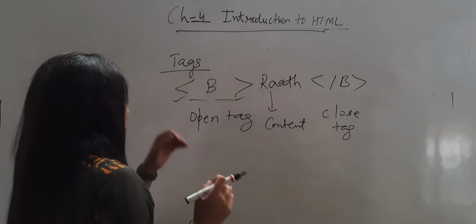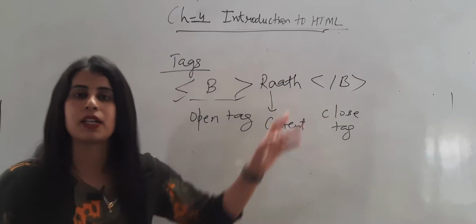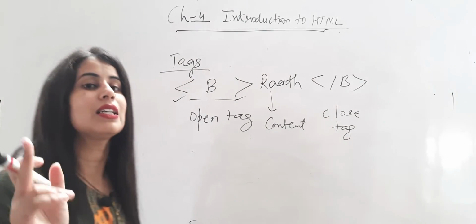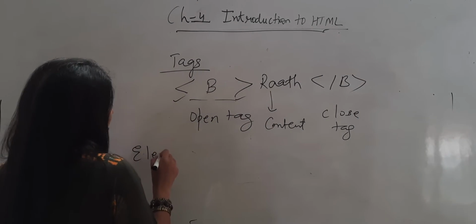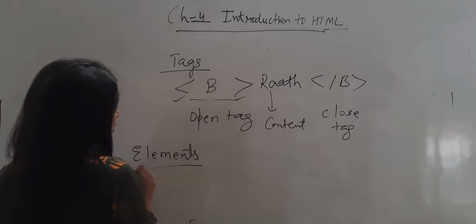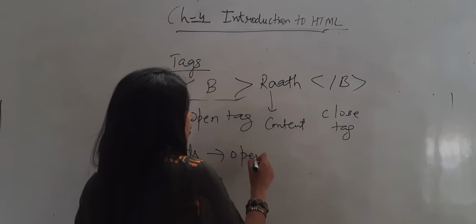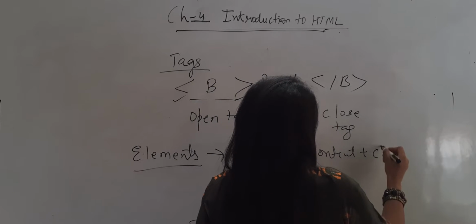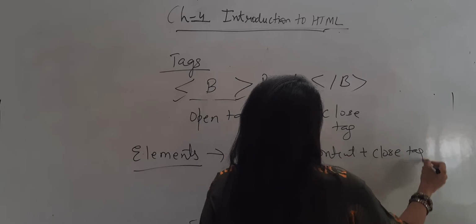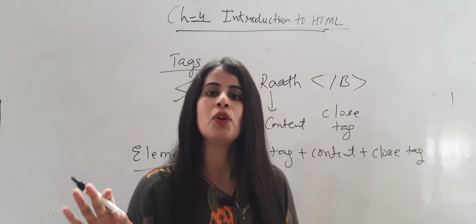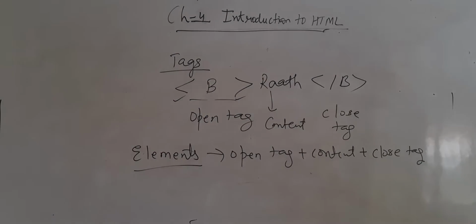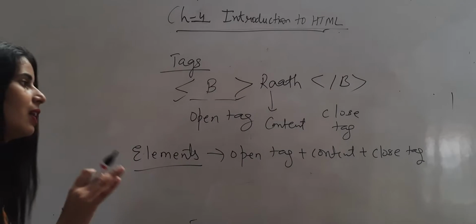The content rat is what I make bold. So open tag plus content plus close tag, collectively, are known as an element. So tags have elements, and elements are the collection of open tag, content and close tag.